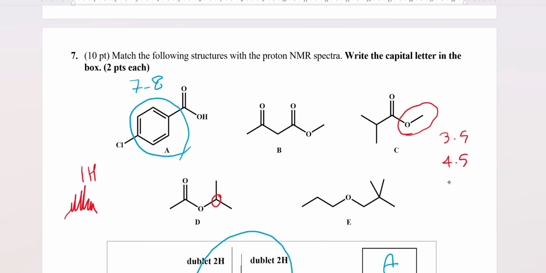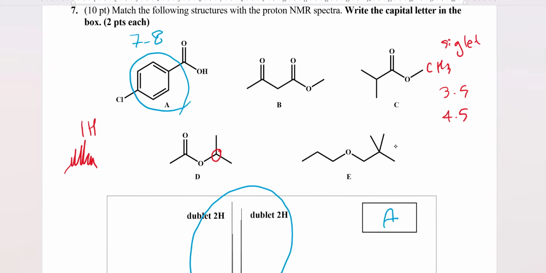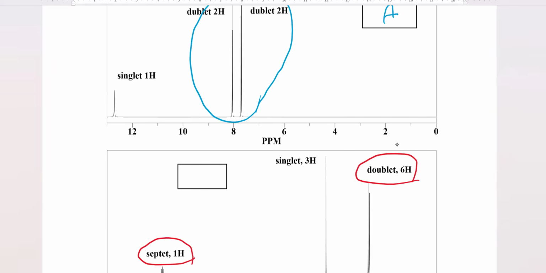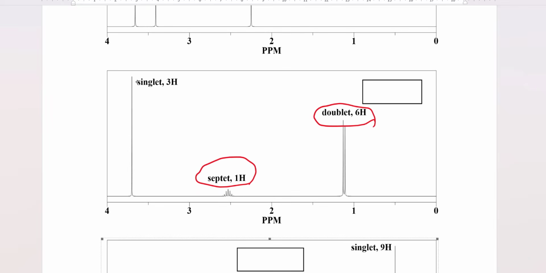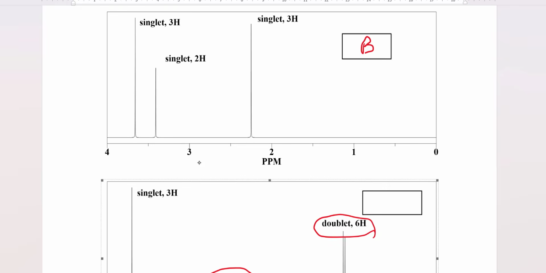But in C, we should see the CH3, a singlet, appear around 4 ppm. So let's see which one is a singlet around 4. In this compound, the singlet appears between 3.5 to 4. So this belongs to compound C, this signal.